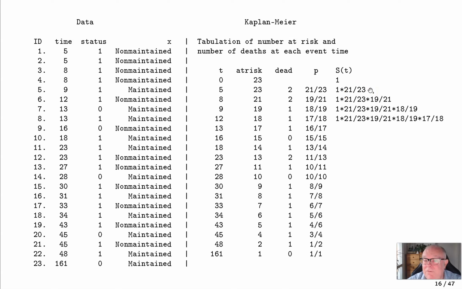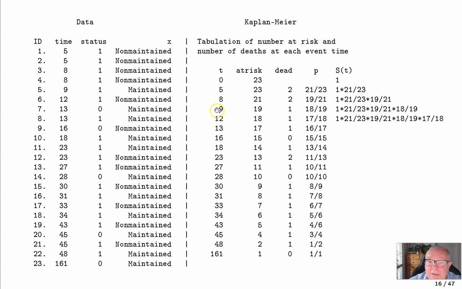Then the survivor function remains at this value until the next event time, which is time 8. At time 8, there are 2 deaths, so we multiply the survivor function by 19 out of 21.